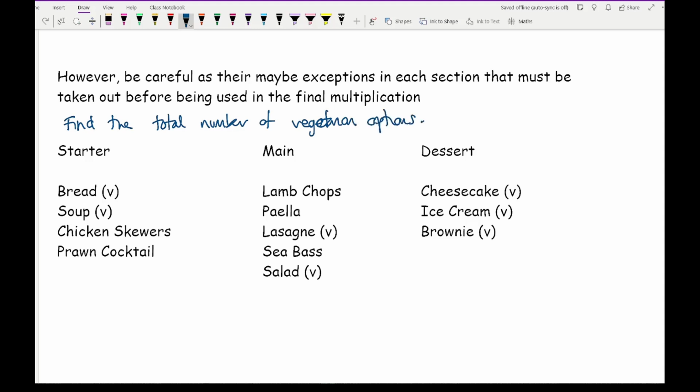Looking at the starter, how many vegetarian options have I got? Well, I've got 2. In the mains, how many have I got? 2. And in the desserts, I've got 3. So if I multiply all of those numbers together, 2 times 2 is 4, times 3 is 12. So there are 12 vegetarian combinations.